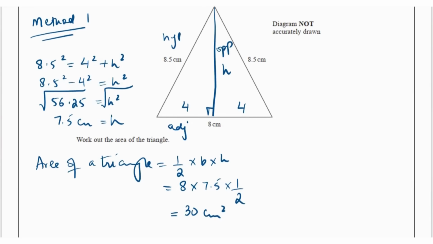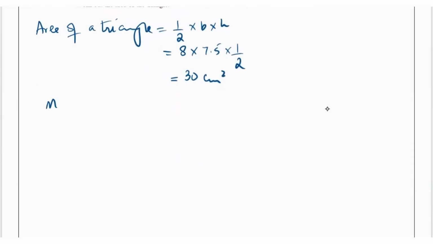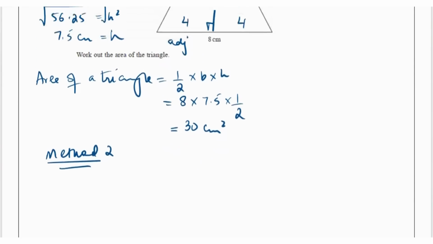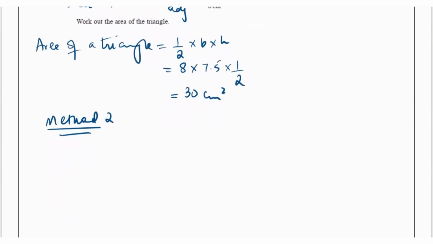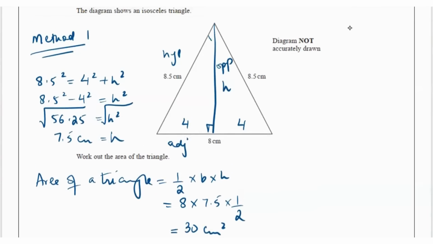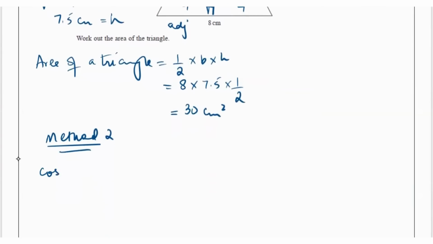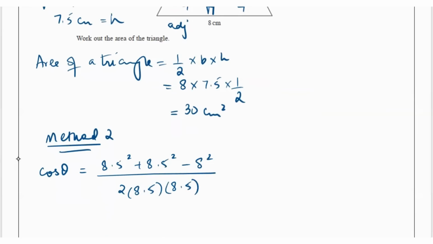For method 2, we use the cosine rule. So we have all 3 lengths. This is the angle that we're trying to find, by the way. So cos theta would equal 8.5 squared plus 8.5 squared minus 8 squared divided by 2 times 8.5 times 8.5. If you look at the formula sheet, they've given us the cosine rule in this form.